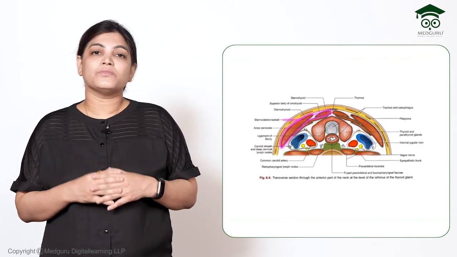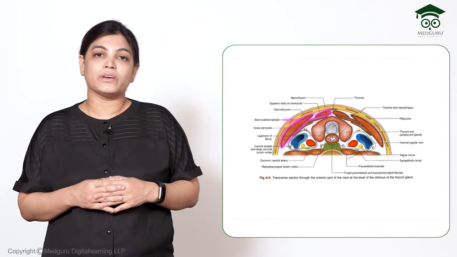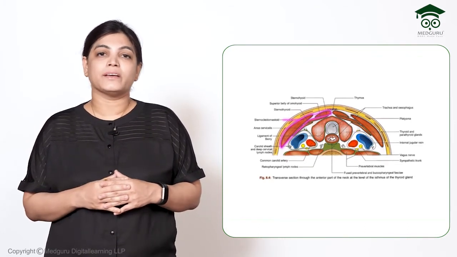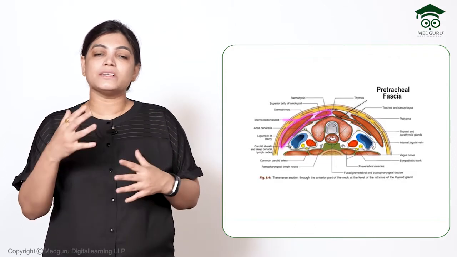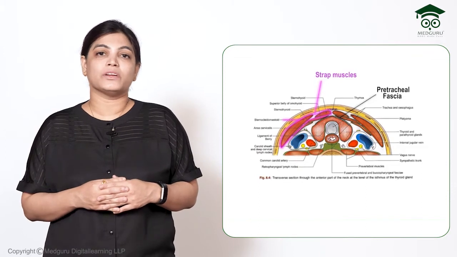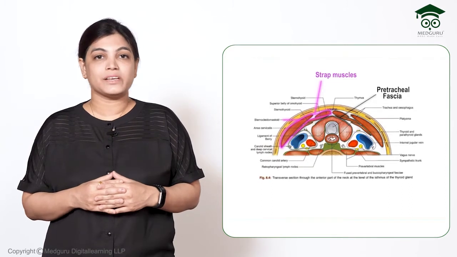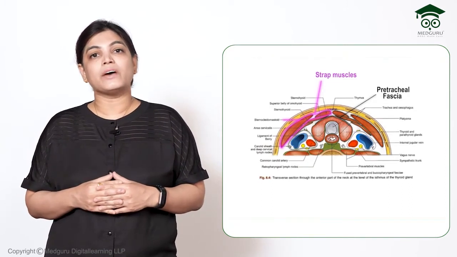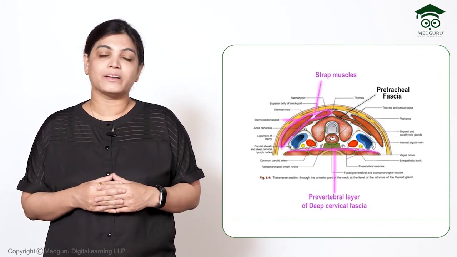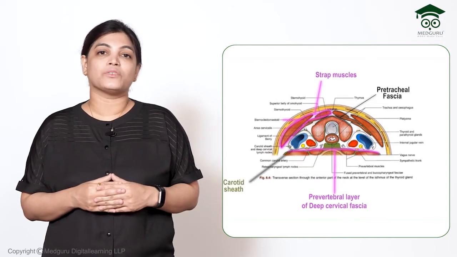Now after that, we will discuss the lateral lobe and the isthmus part of the thyroid gland. Before starting that, just have an idea where the thyroid gland is located. In the anterior aspect, it is related to pretracheal fascia, strap muscles and sternocleidomastoid muscle. Posteriorly, the thyroid gland is related to the prevertebral layer of the deep cervical fascia, and laterally it is related to the carotid sheath.